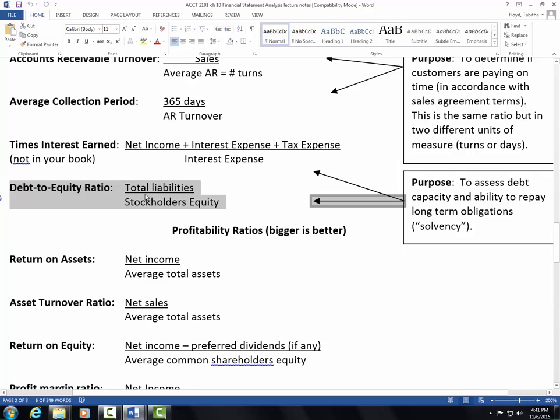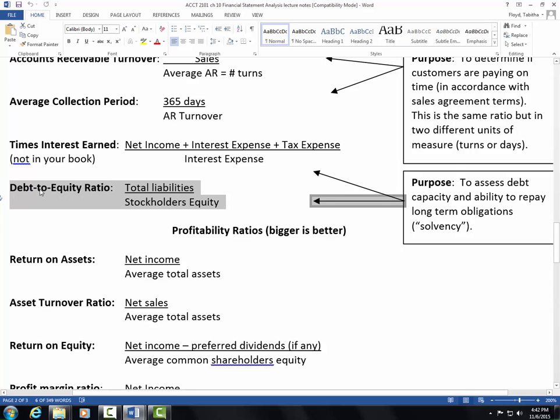This measures how the more debt you have, the riskier the business is. The more debt, the more risky it is. So the higher this number, the more risk that the company has, because it's got to be able to pay its bills when they become due. Also, the higher it is, it's called highly leveraged.